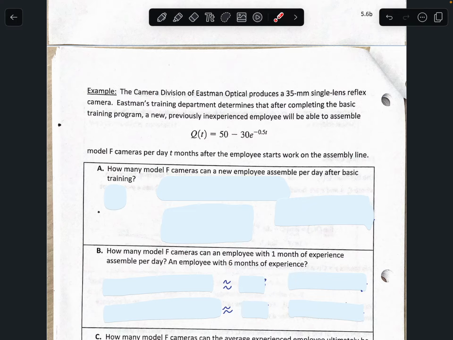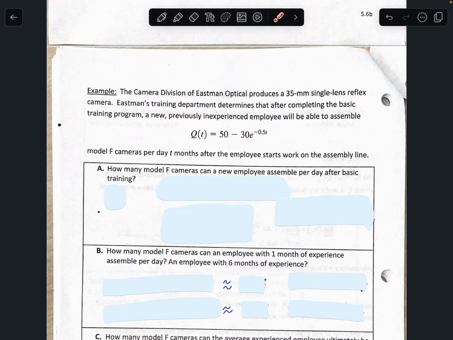So in our first example, a camera division of Eastman Optical produces a 35 millimeter single lens reflex camera. Eastman's training department determines that after completing the basic training program, a new, previously inexperienced employee will be able to assemble Model F cameras according to this function per day.